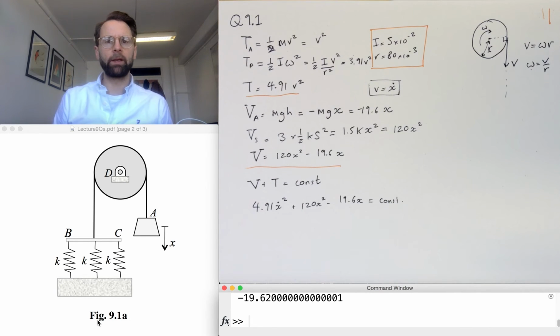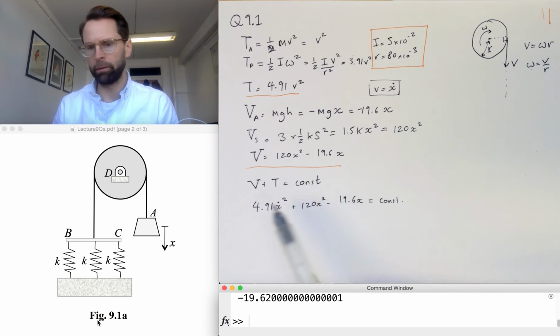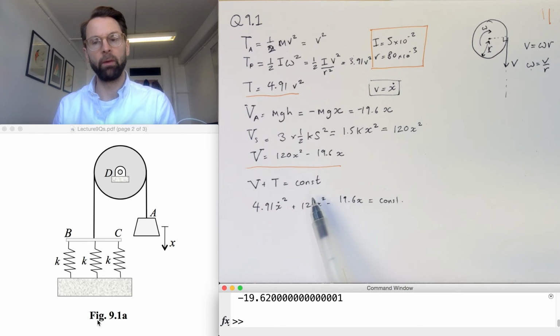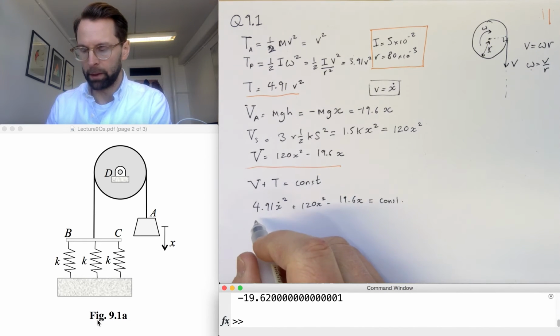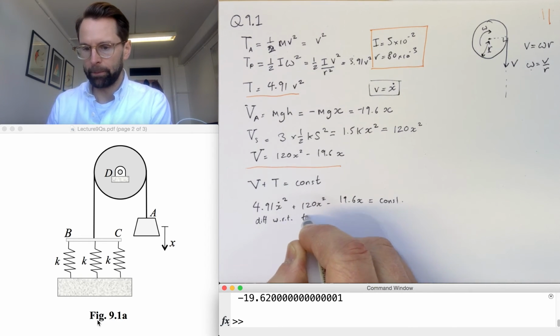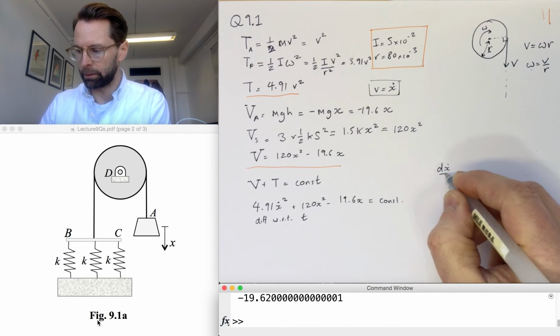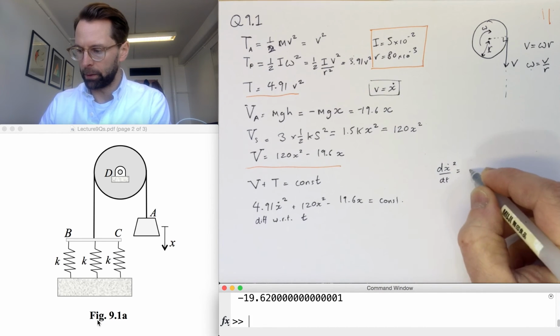Now what we did in lecture 7, if you remember, is to, when we get to this point where we've constructed potential energy plus kinetic energy is constant, we differentiate with respect to time. So we differentiate with respect to t, and don't forget the chain rule, which is d x dot squared by dt equals x double dot x dot times 2.